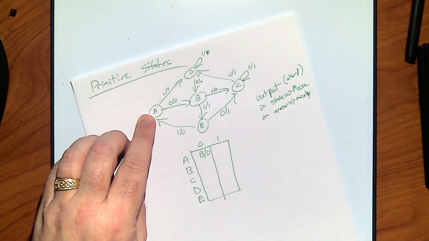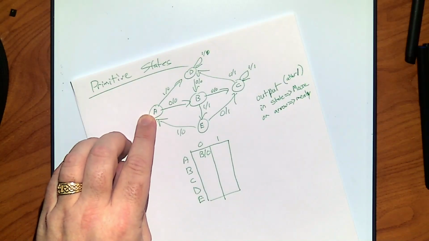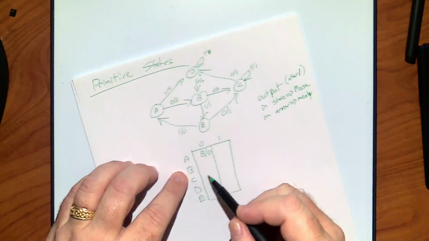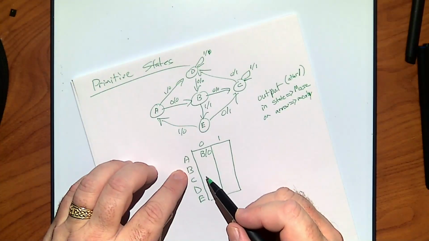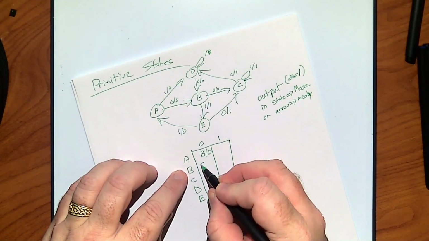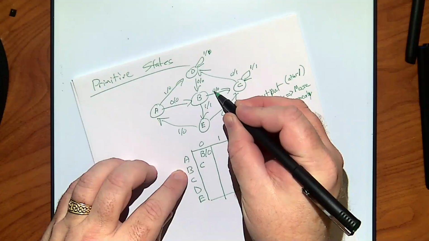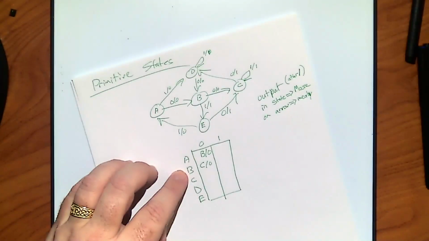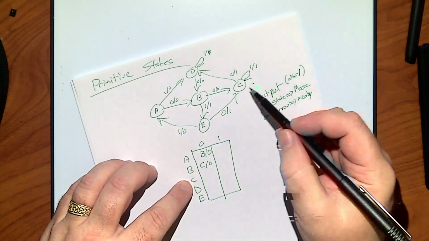Now, when you go to design, you'll split them out and you'll do just the outputs in one Karnaugh map and things of that sort. But right now, we're just trying to summarize the state table. Help me out. Where does B go on a 0? B goes to C on a 0, and it outputs a 0. Fair? How about C?